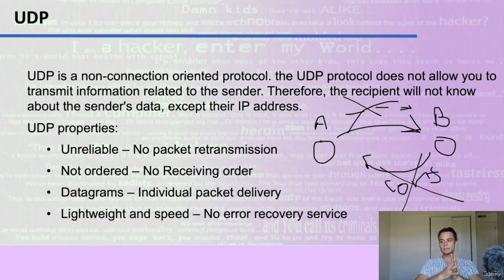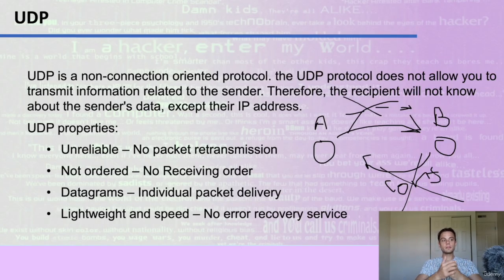So if you look at the main properties of UDP, we can say that UDP is unreliable. So there is no concept of packet retransmission, for example. When a UDP packet is sent, it is not possible to know whether the packet has reached its destination or not.